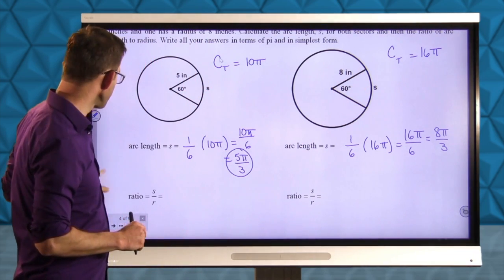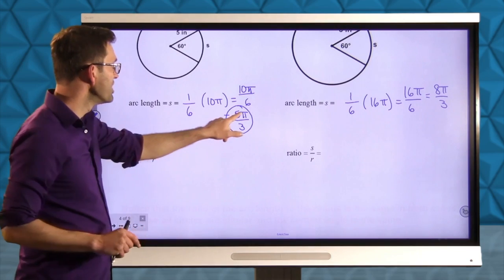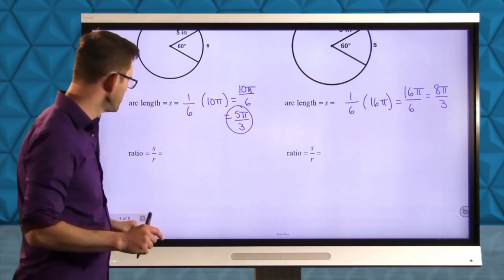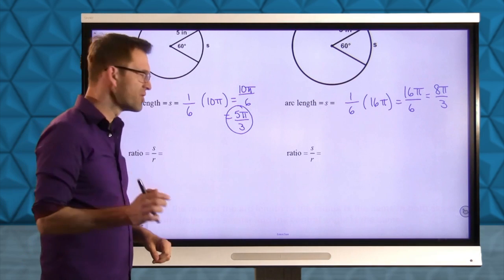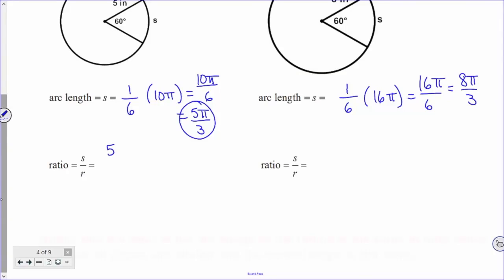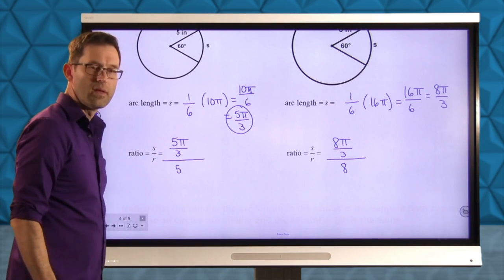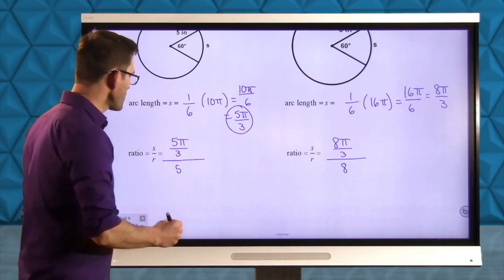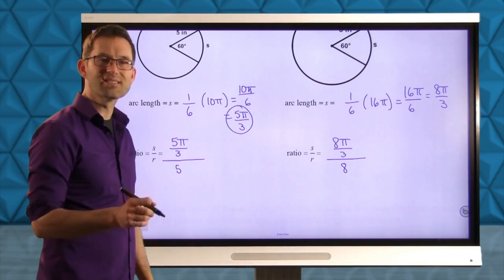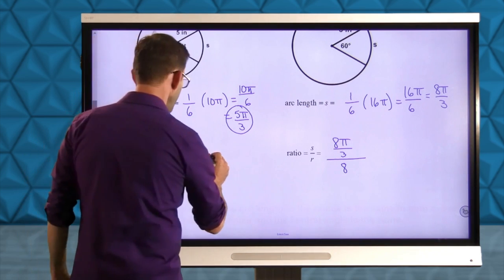But the question also asks us to find the ratio of this arc length to its radius. Now this is going to be a little bit ugly in terms of division, but follow me. I've got 5 pi divided by 3, and I want to divide that by its radius, 5. Over here, I've got 8 pi divided by 3, and I want to divide it by its radius, which is 8. Now, a little bit tricky with fractions, but of course dividing by 5 is the same as multiplying by 1/5.